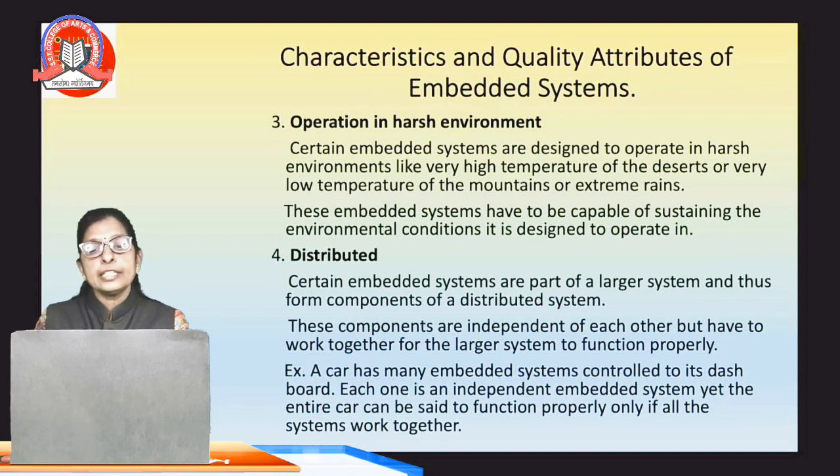The third characteristic is operation in harsh environments. Certain embedded systems are designed to operate in harsh environments, like the very high temperature of the desert or very low temperature. It means extreme cases, and when we face different extreme cases, that is operation in a harsh environment.